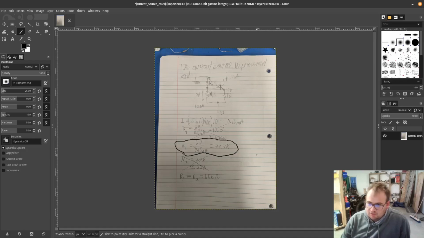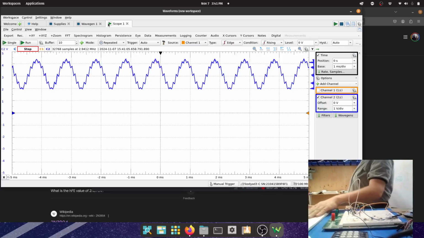We probably could have gotten away with 3K, like 2 kilo ohm resistors, or maybe a little bit less than that. But the 1.5 kilo ohm ones are basically 100 times more current flowing through than what we theoretically need. So it's a bit smaller of a resistance than necessary, but it was working, so I just went with it.